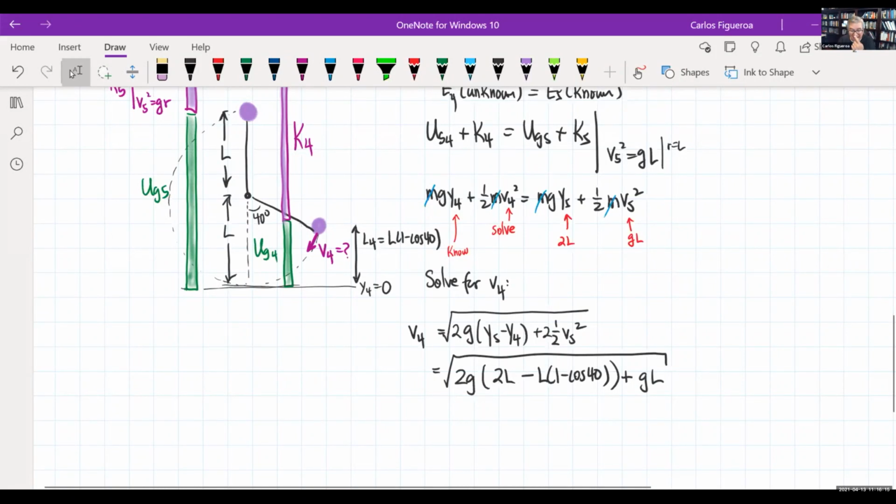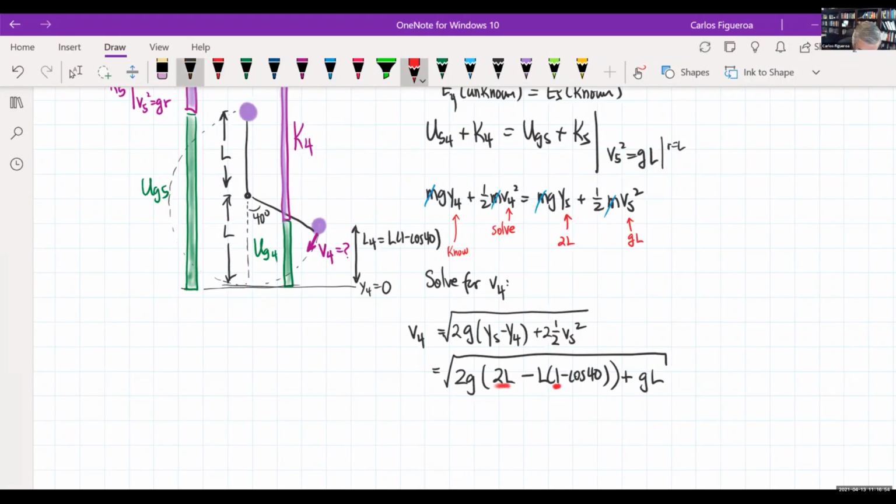So now that we have this, I can clean this up a little bit. I want you to pay attention to this term. Look at this 2L here, and then look at this 1L right there. So I'm going to get 2L minus L. I think that's right. So one of these L's cancels. Okay, good.